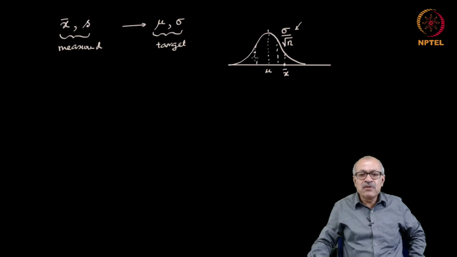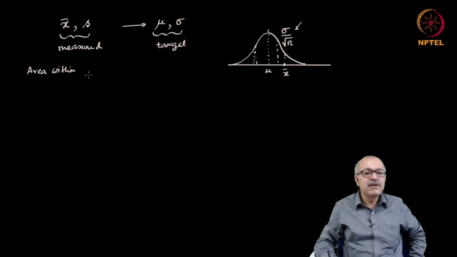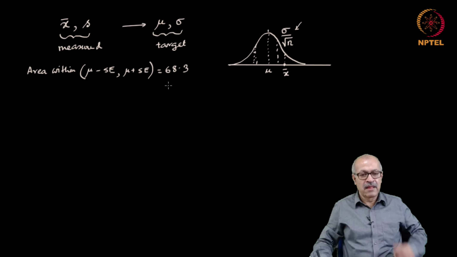If it is up to the standard deviation of this graph, then the area under the curve within mu minus standard error to mu plus standard error is 68.3%.